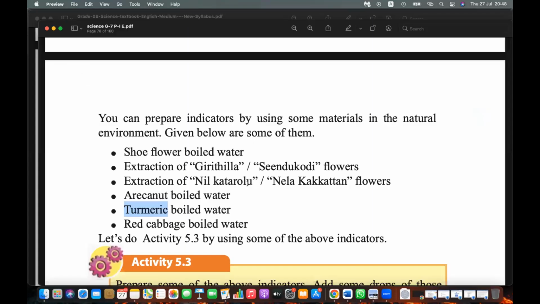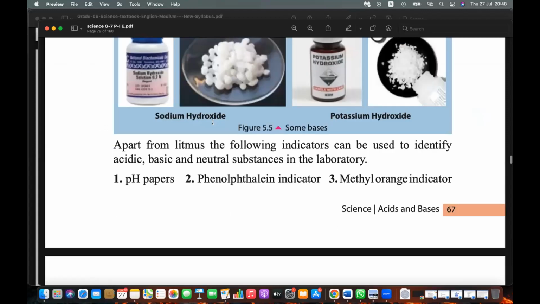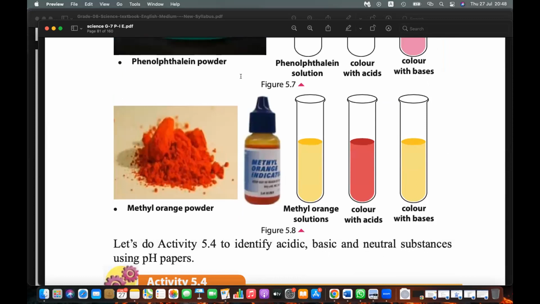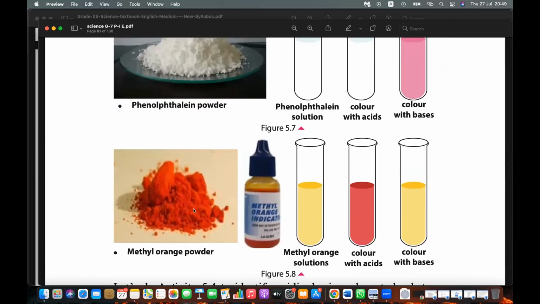Let's move to the next. Methyl orange powder is also another indicator, similar to turmeric but a different one.